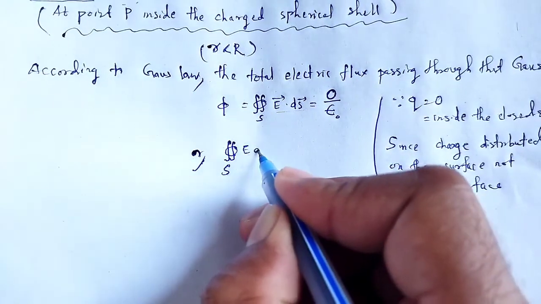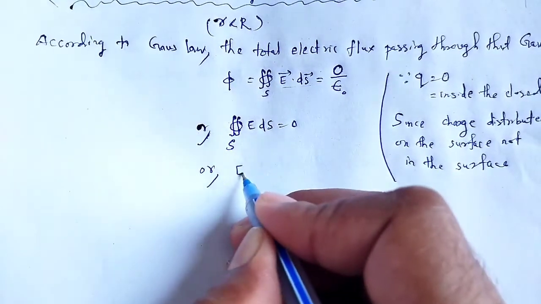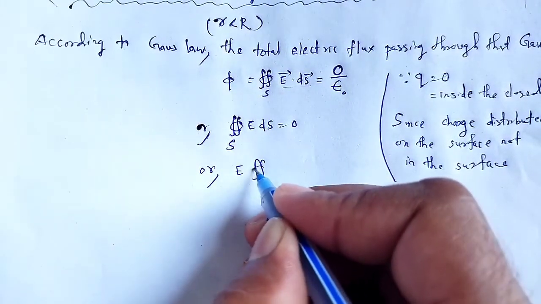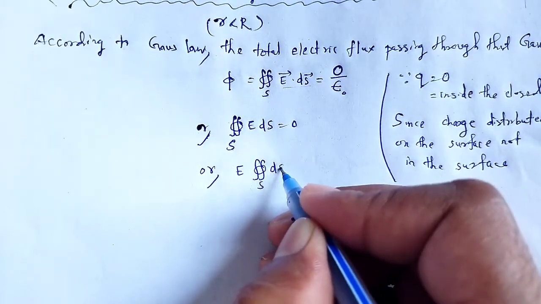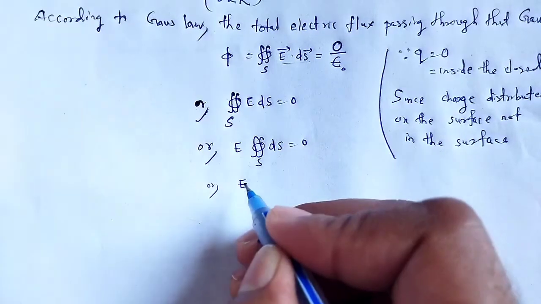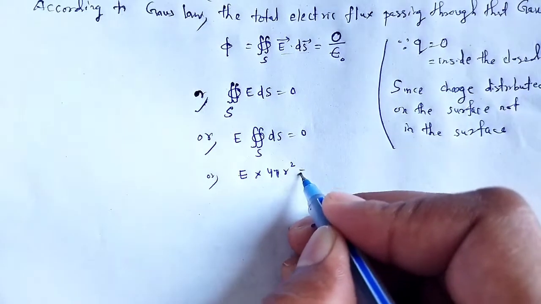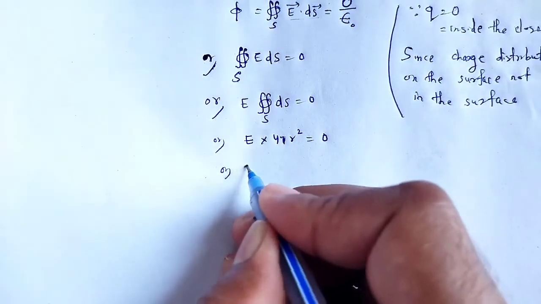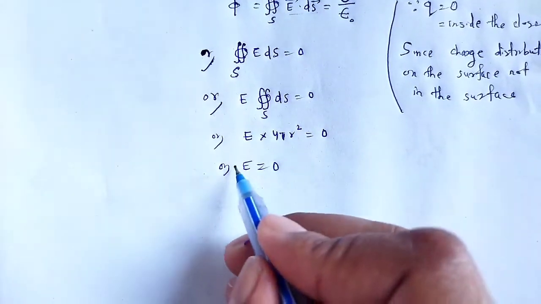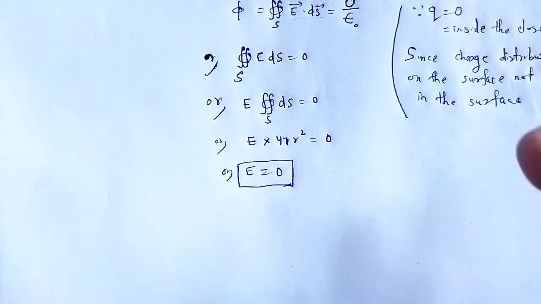Here E ds is equal to 0, again E times the closed integration over S of ds is equal to 0, or E 4 pi r square is equal to 0, or E is equal to 0. And the electric field intensity inside that spherical shell will be 0.